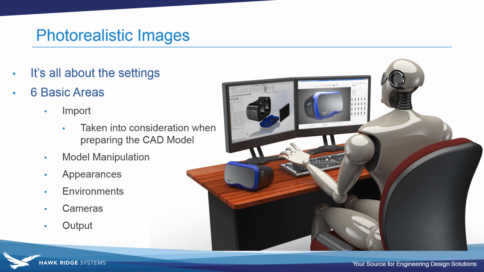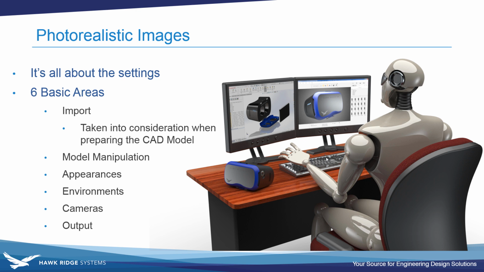It's a lot faster and a lot quicker, but you have to take into consideration the appearances in the different parts, that they have the same appearances that they're going to have once you bring those into Visualize. And if you take that into consideration, how you're going to import the model, it goes really quickly once you get it into Visualize.